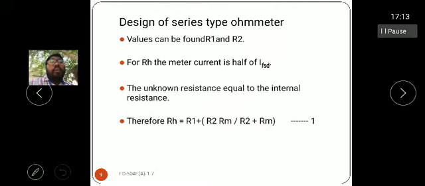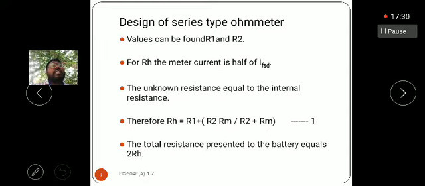Therefore RH is equal to R1 plus R2 into Rm divided by R2 plus Rm. This is the first equation for the design of the series type ohmmeter.